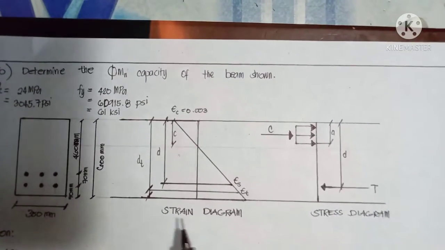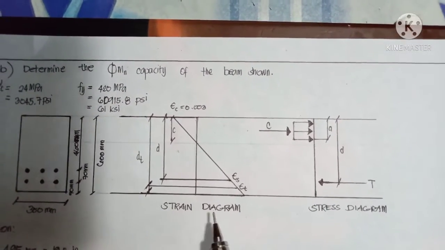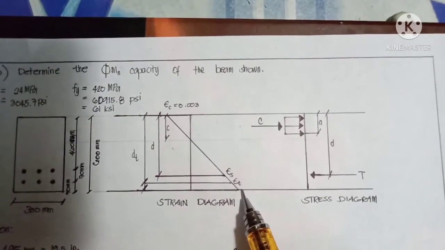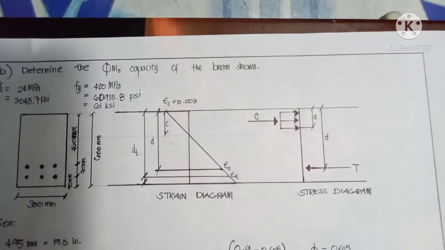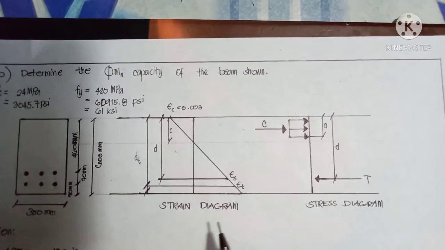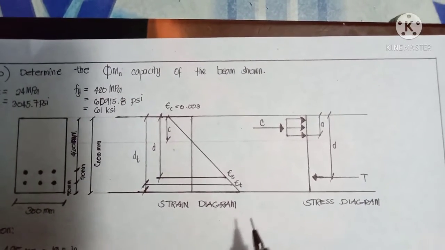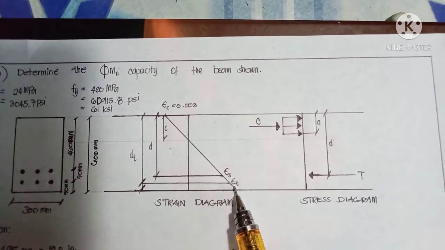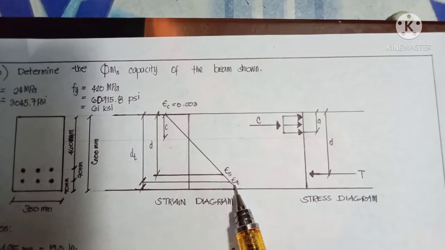So here's our strain diagram. You notice that we have two different strains in the diagram. Here's the first strain, which is the epsilon sub t, the strain in the steel at the tensile layer of the beam.